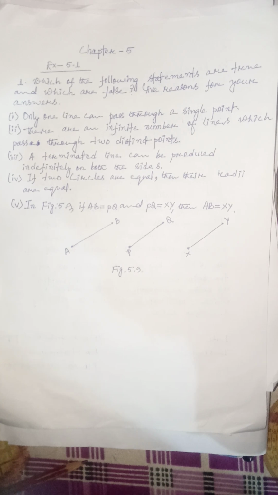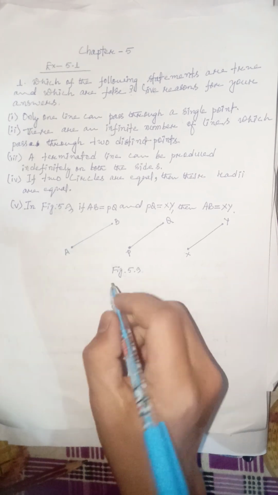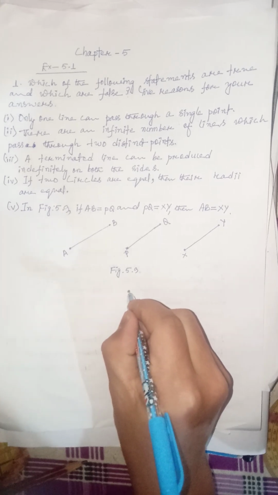You will be able to understand this statement just by reading it once. The statement says that using 1 point, only one line can pass through it, right? But actually it is false. The reason why it is false is, first let me take some point.